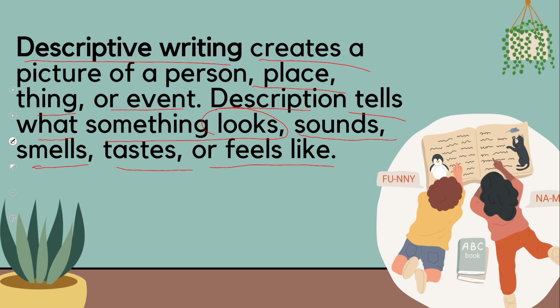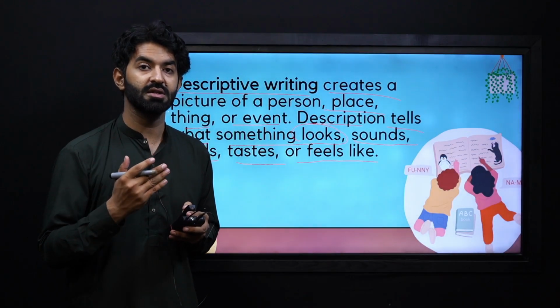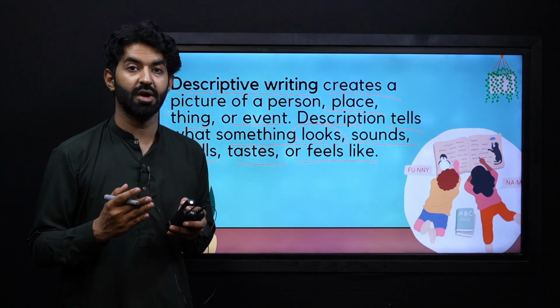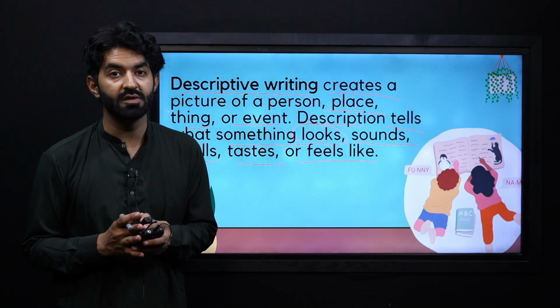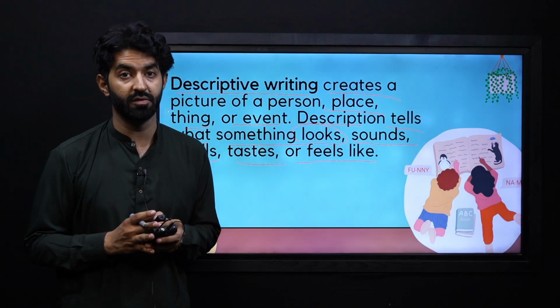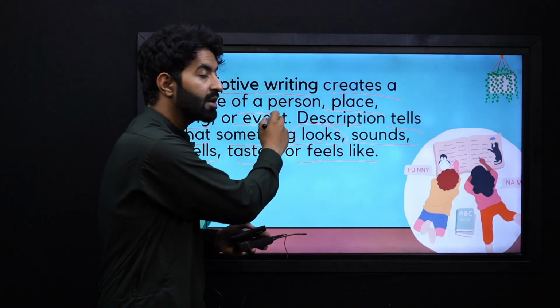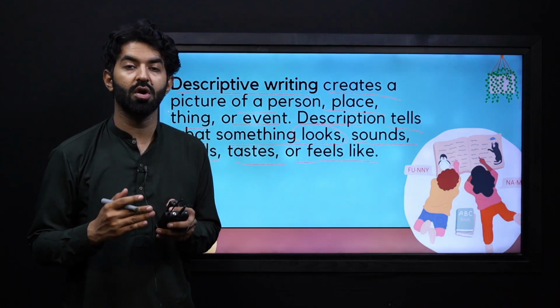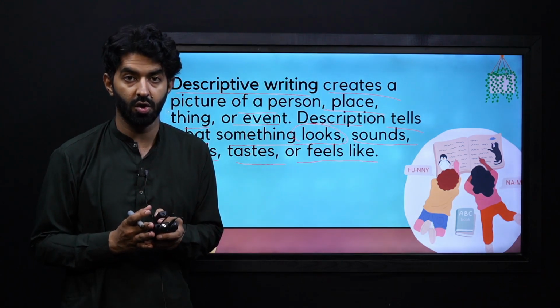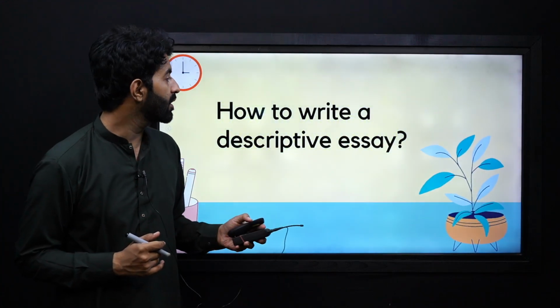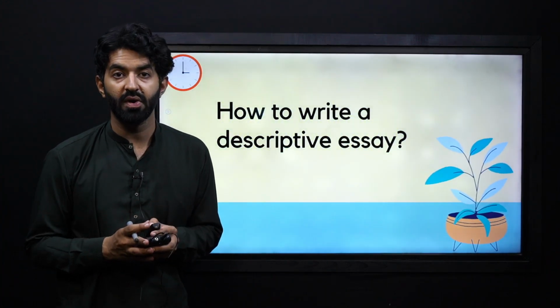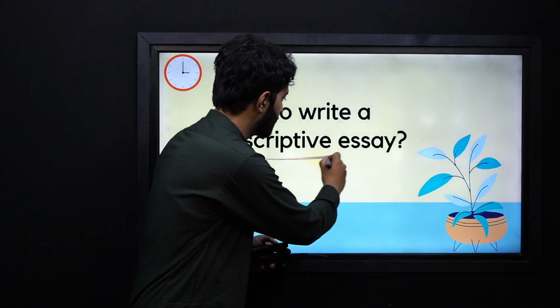Did you notice that our senses, tasting, touching, smelling and hearing, will all be addressed in our descriptive writing? Descriptive writing is about creating a picture of a person or place or anything that you are describing in your writing.